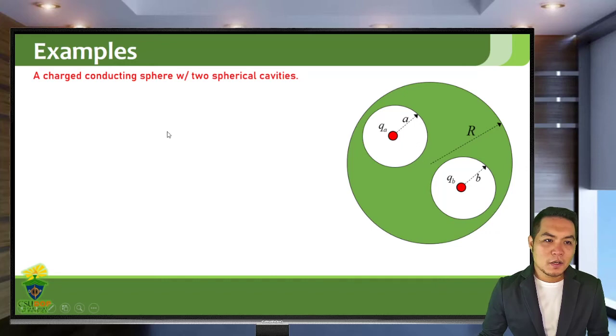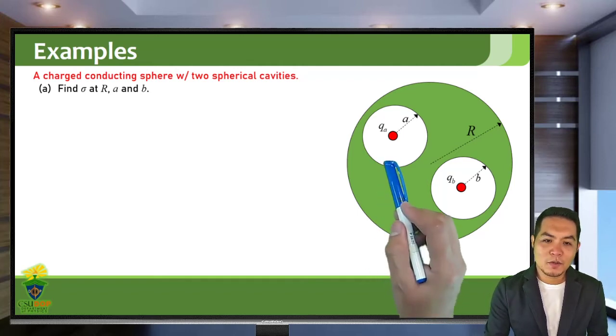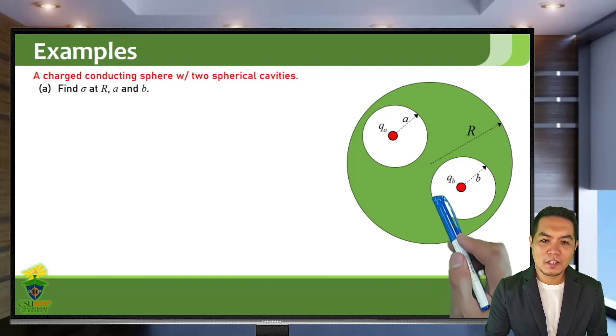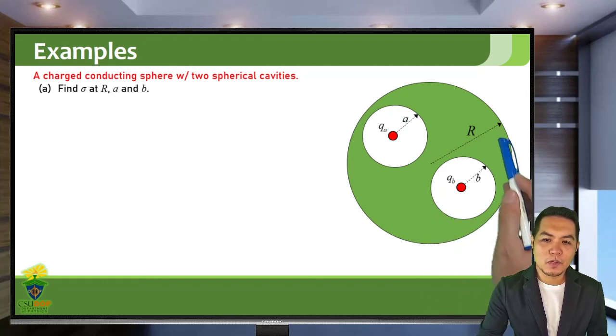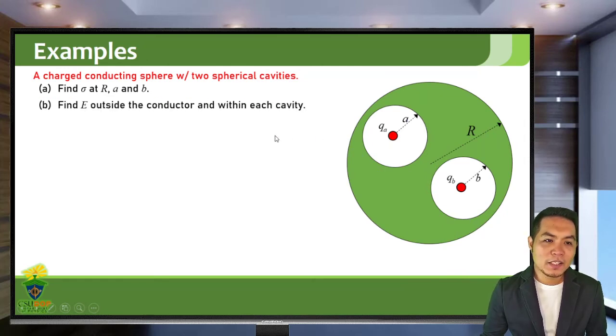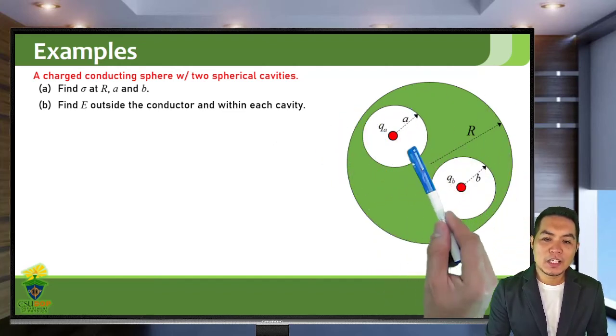Okay, so the questions are similar to the previous problem. Find the charge densities at the surface, this surface here, this surface here, and at this surface here. So we have 3 spherical surfaces in this case. And you find the electric field outside the conductor and within each cavity.